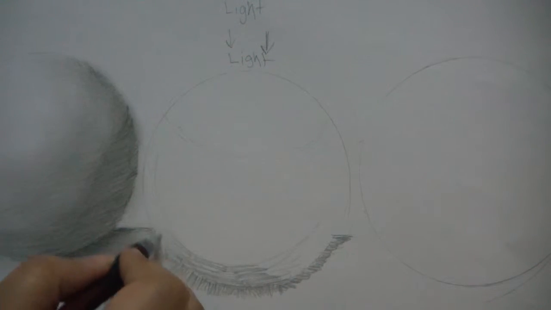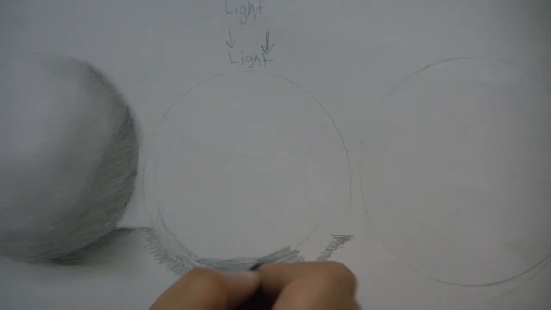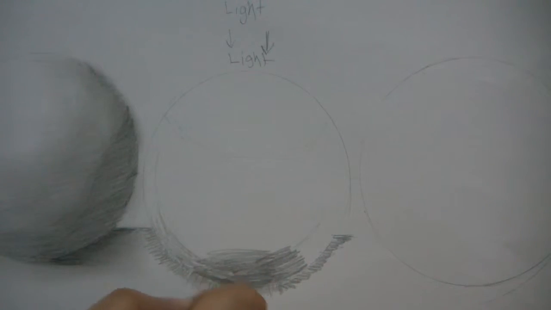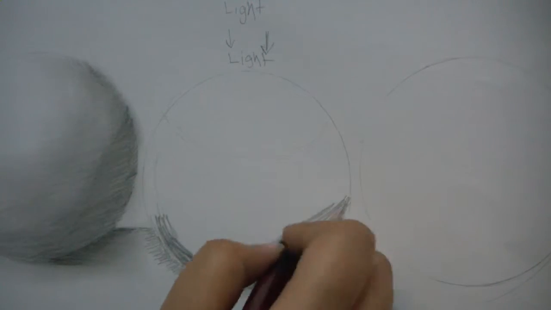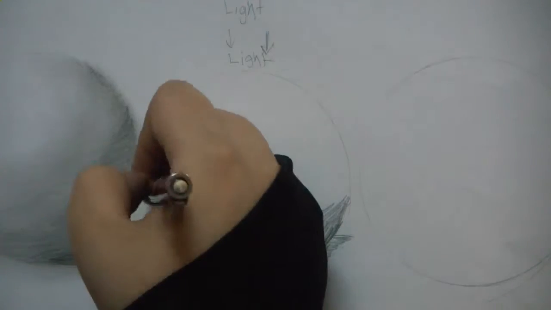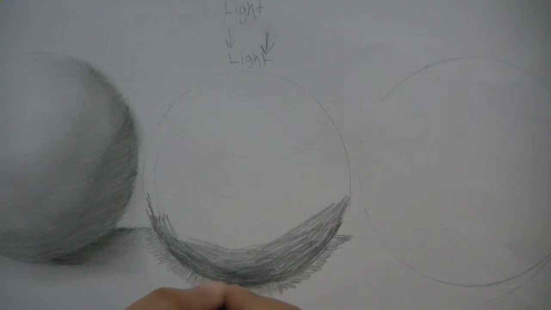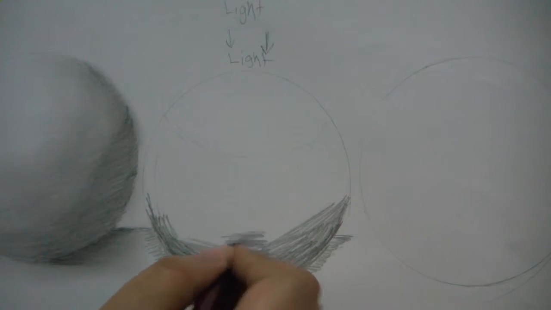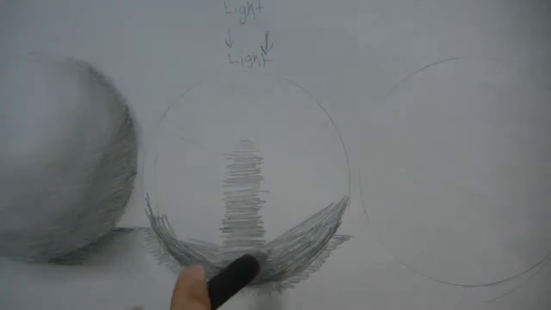And we start shading from down to up. We increase the density of the shading in the down, until we reach up.